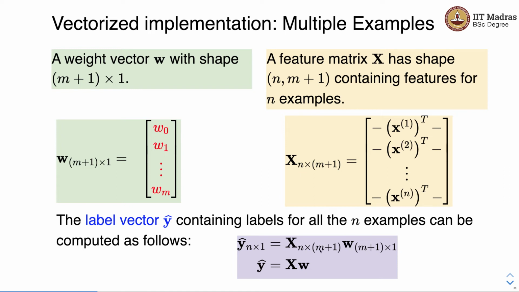So you can see that they have shape compatibility, so we can perform this multiplication, and this will result in a label vector with shape n cross 1. So by doing this particular vectorized operation, we obtain labels for all examples at once. So this is a very useful trick to know, right? You can use this to obtain labels for all examples at once.